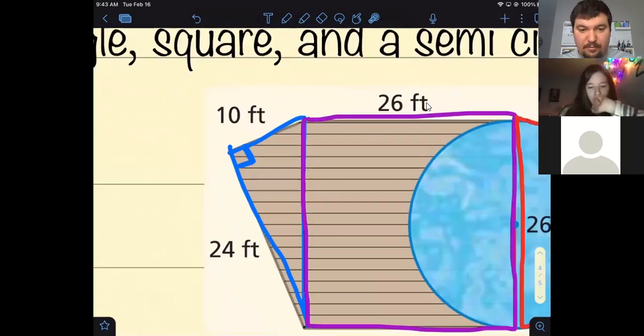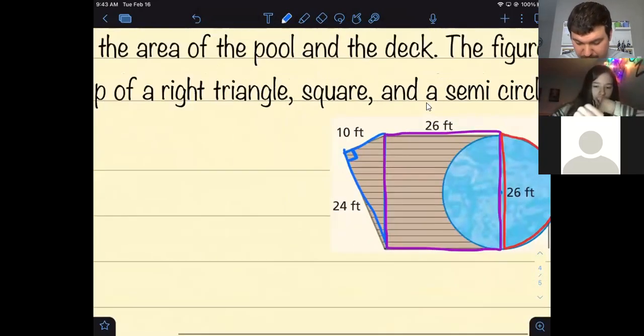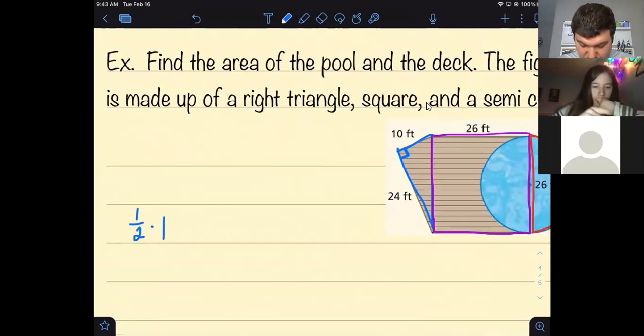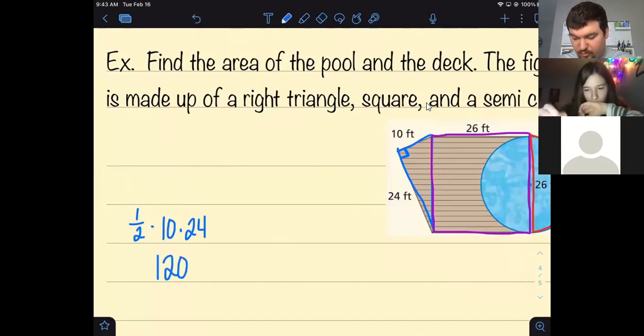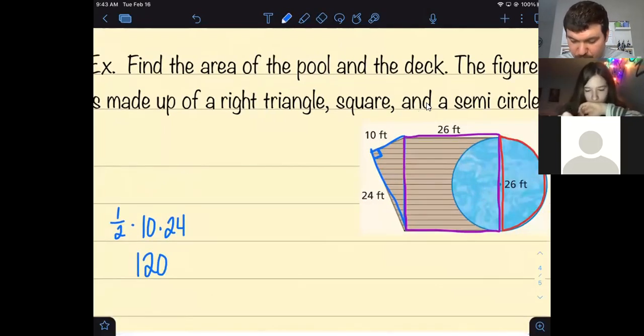It really doesn't matter because I'm just going to multiply those two numbers together and then divide it by 2 because it's a triangle. In fact, I don't even have to use my calculator for this. If I do half of 24, I think most of you would tell me that's just 12, and 10 times 12 would be 120. Or you can use your calculator, you should still get 120 either way.